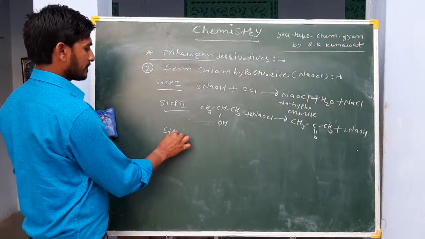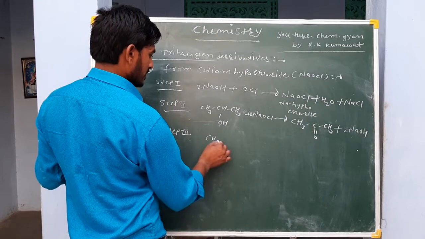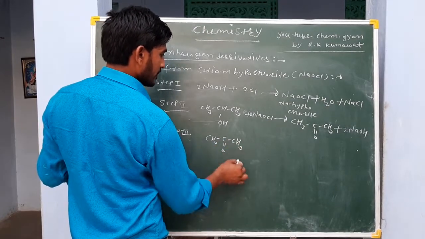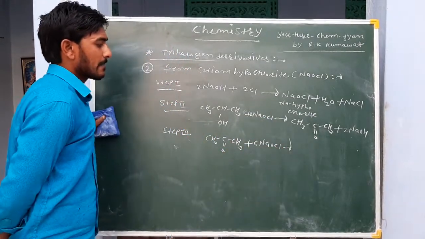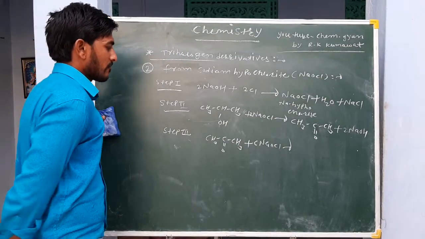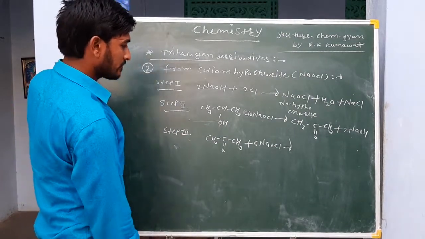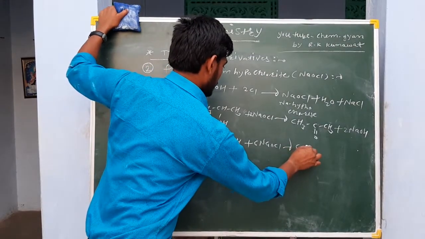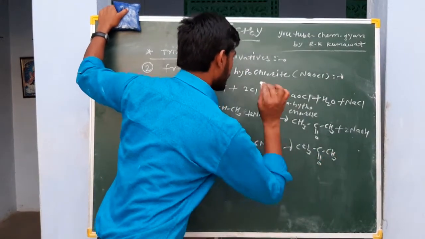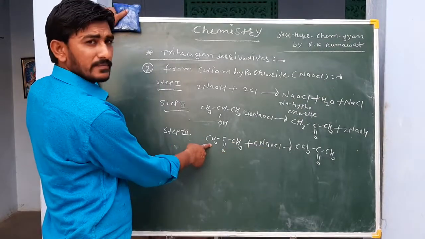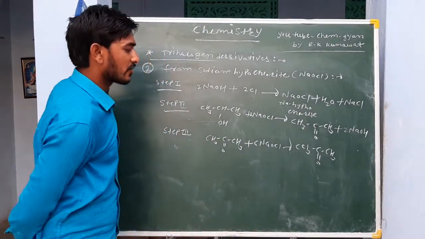In step number third, CH3COCH3 acetone molecule reacts with 6 NaOCl, sodium hypochlorite molecules. 3 chlorine atoms replace hydrogen, and CCl3COCH3 trichloroacetone is formed.